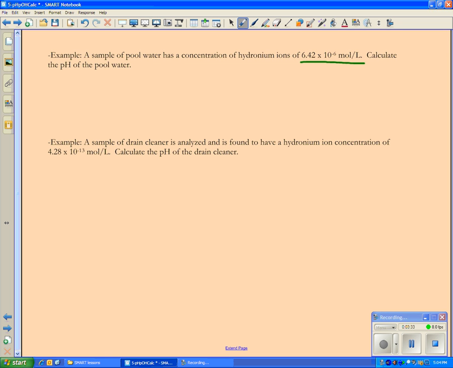It's not going to be exactly that because of that base number of 6.42. So if we use the formula, negative log of the concentration, 6.42 times 10 to the negative 6, and put that into your calculator, you should come out with an answer of 5.192. That's pretty close to the pH of 6 that we would be expecting from that exponent.